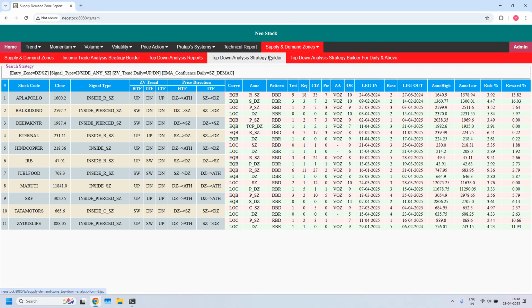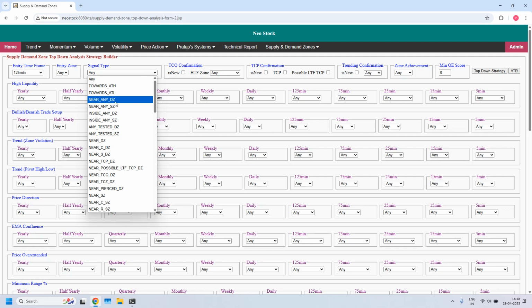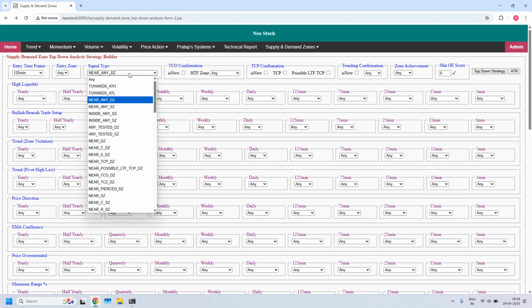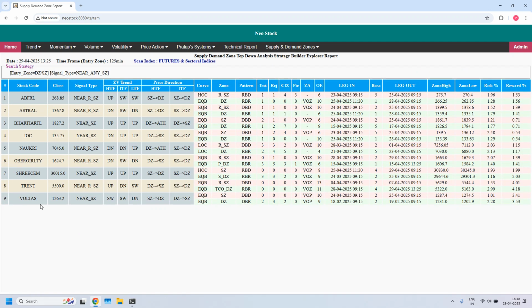Next time frame is 125 minutes. Stocks near 125 minutes demand zone. We got 12 stocks. Next, stocks near 125 minutes supply zone. We got 9 stocks.